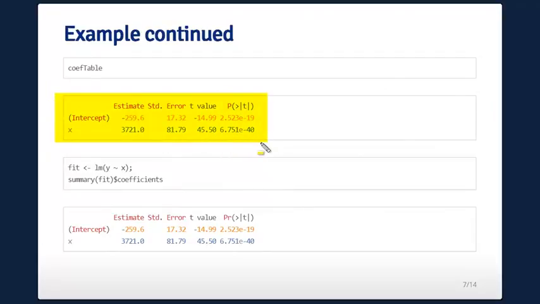Now, of course, we don't do this when we actually create these kinds of tables. We instead just grab them from LM, right? So here I'm just fitting y as outcome, x as the predictor. Summary of fit will print out lots of stuff, but it doesn't fit on my page. So I'm just grabbing the relevant output from summary fit. $coefficients grabs the t table.